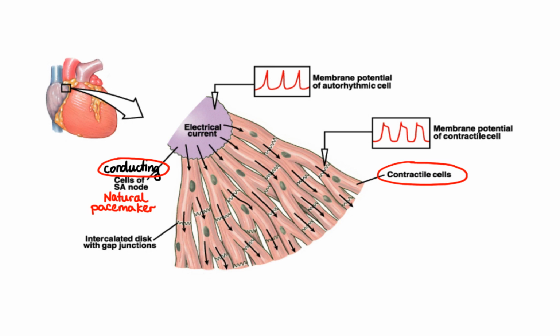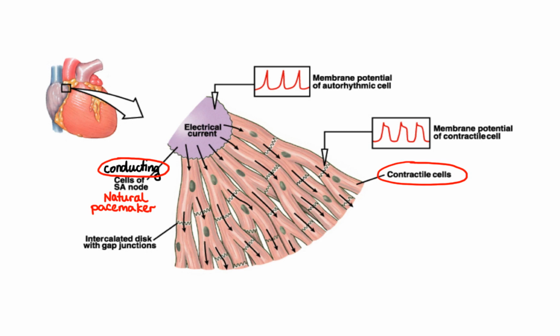However, under certain conditions, when activity of the SA node becomes suppressed or the firing rate of these other conducting tissues becomes faster, one of them can become the new pacemaker of the heart. This is why the AV node, bundle of His, and Purkinje fibers are called latent pacemakers.